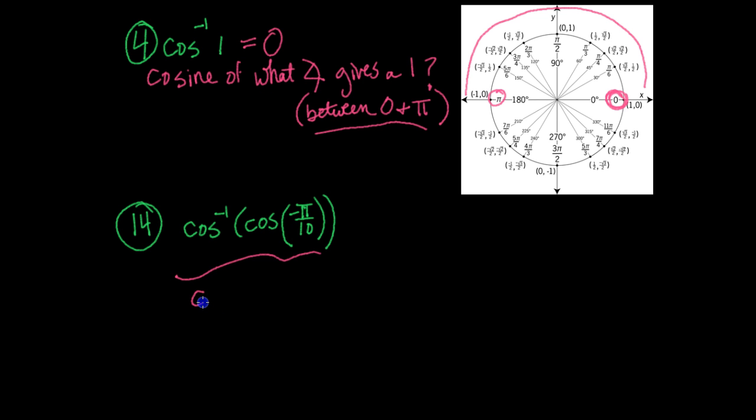So we've got the cosine, and we're going to work inside out, of -pi/10, and we can just evaluate that like we've always been doing. So we go to -pi/10. Well, where is -pi/10? I'm going to be over here on the negative side. Actually, the angle -pi/10 is going to be somewhere here.